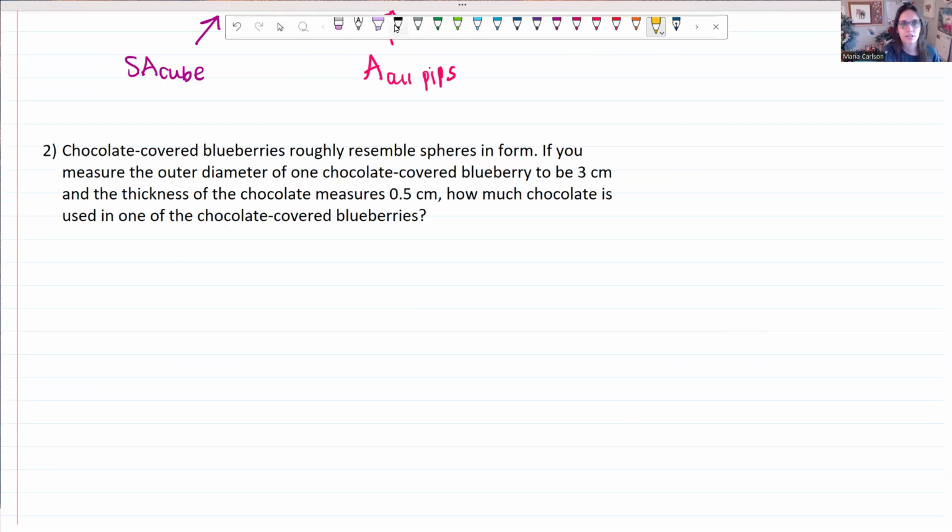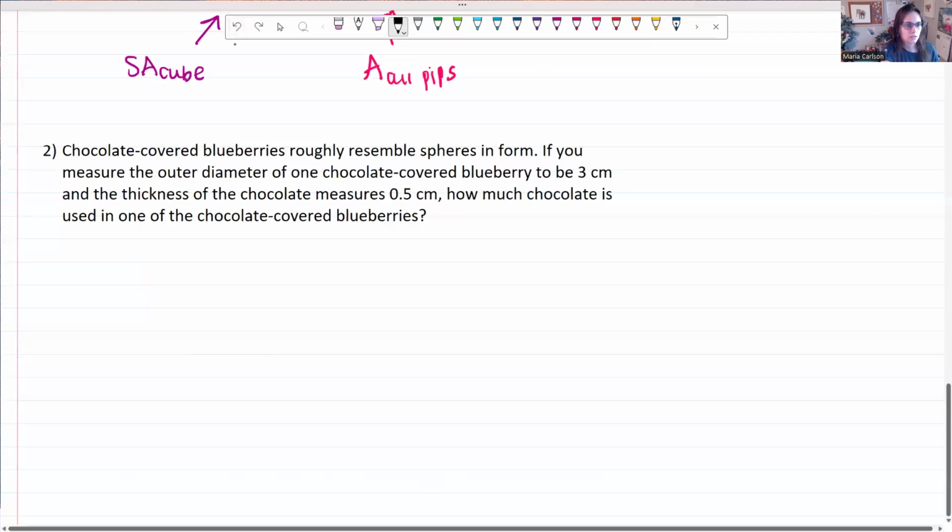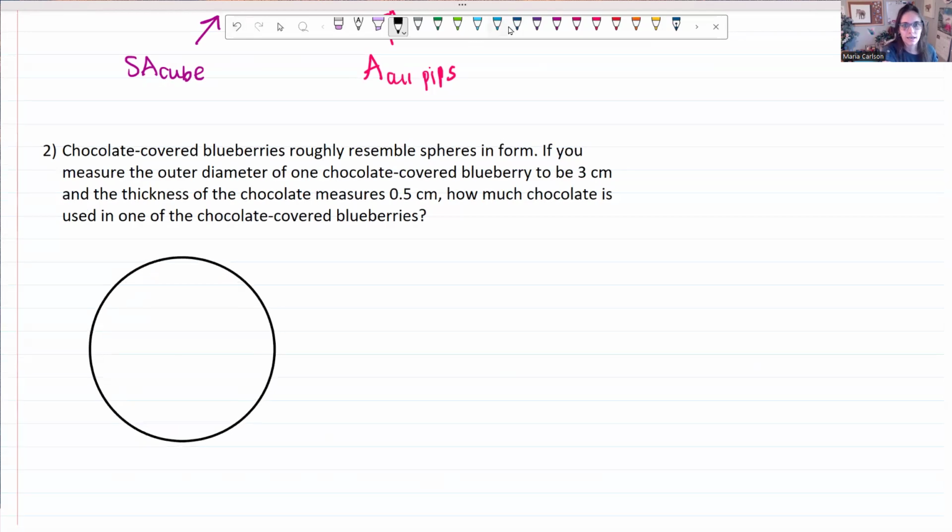So let's draw a picture of this. They're spherical in form, so 3-dimensional circles. Oops, that's like an ellipse. So here's the chocolate that is encasing this blueberry. Now the chocolate is 0.5 centimeters thick.